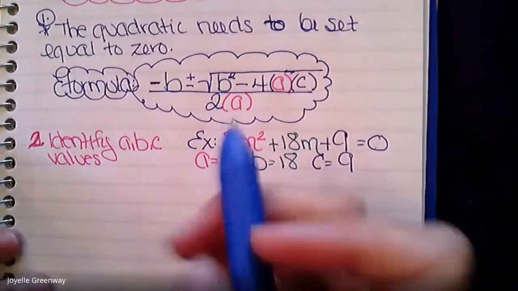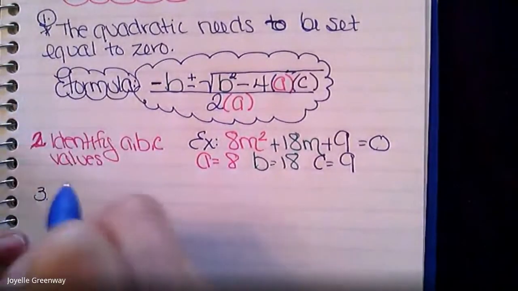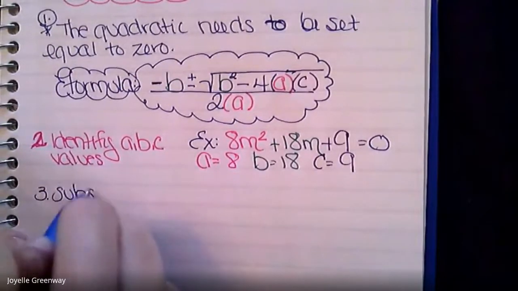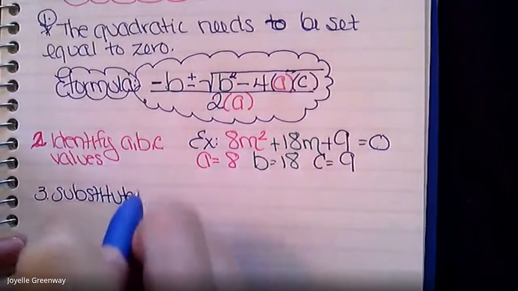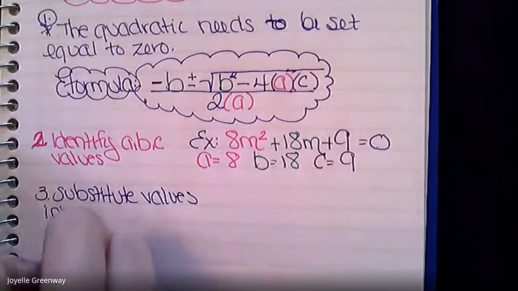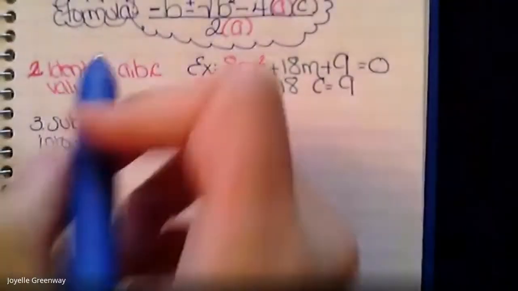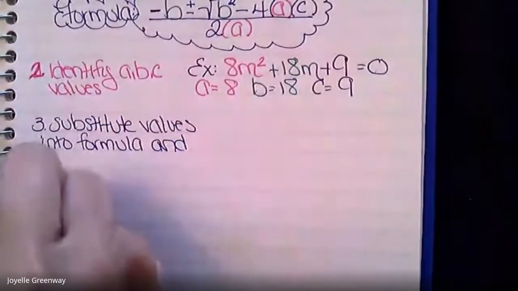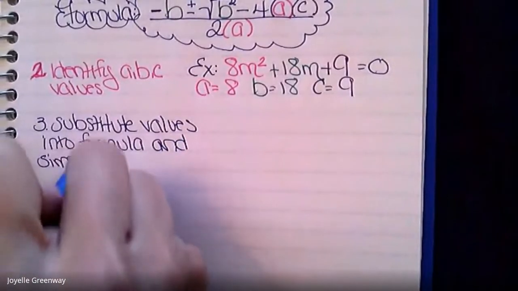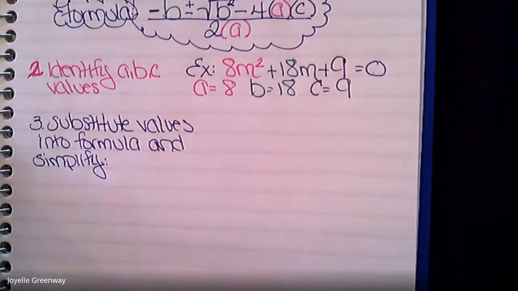So from here, step 3 is basically the last step as well. You want to substitute your values into the formula and simplify. So I will lead you through that and point out where there are some areas where students make the most mistakes.